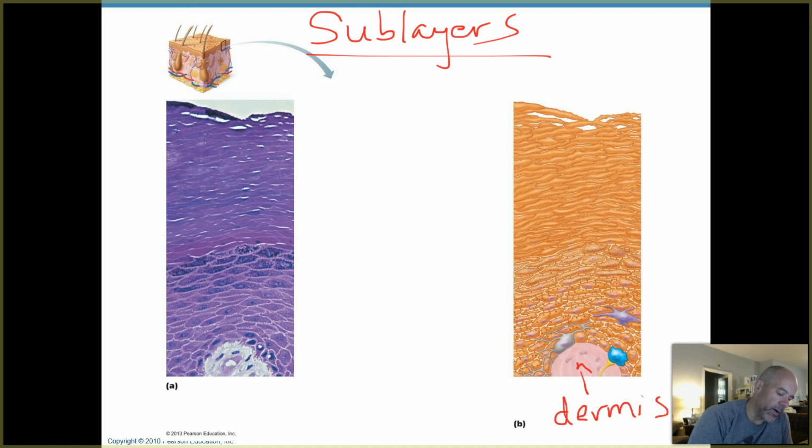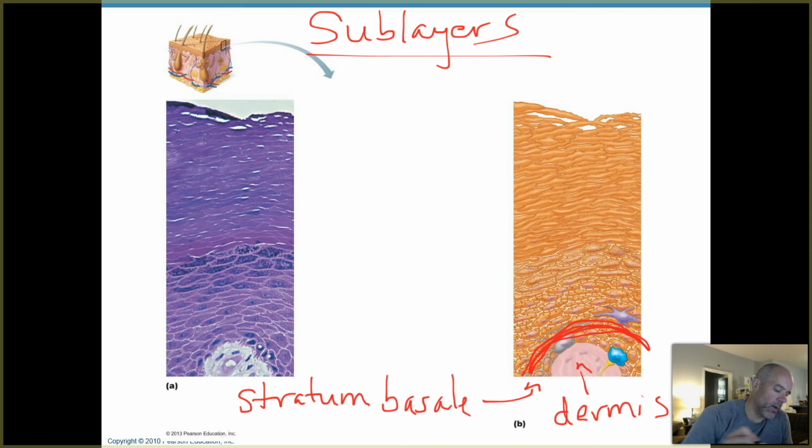Down here at the very bottom, you've got a very thin sublayer called the stratum basale, or basale. You'll hear different pronunciations for that. And that's really just a single layer thick.